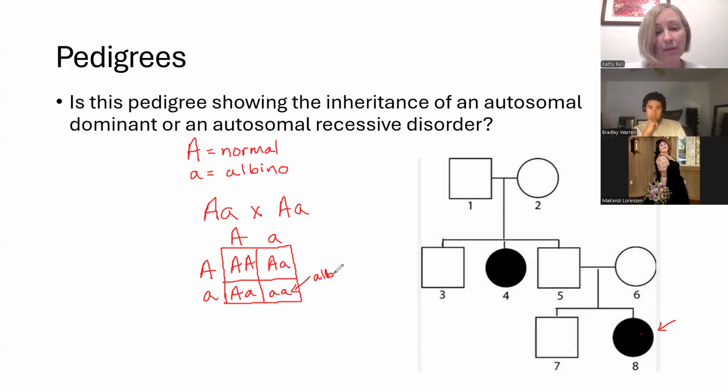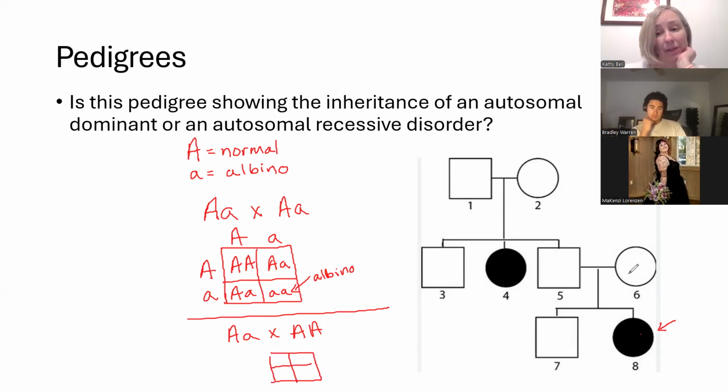So it would have a 25% chance of having an albino child. But what if one of the parents was a carrier, and one of them was homozygous dominant? Could they have an albino child? They would not be able to have one, right?